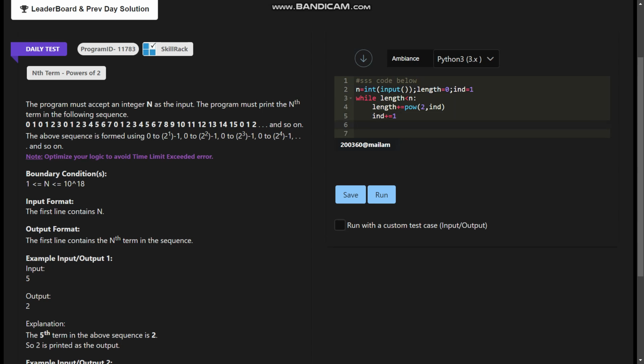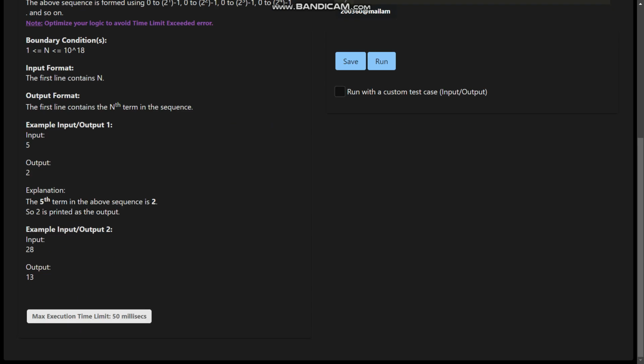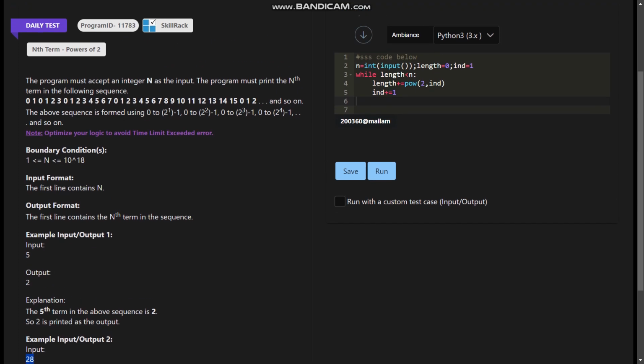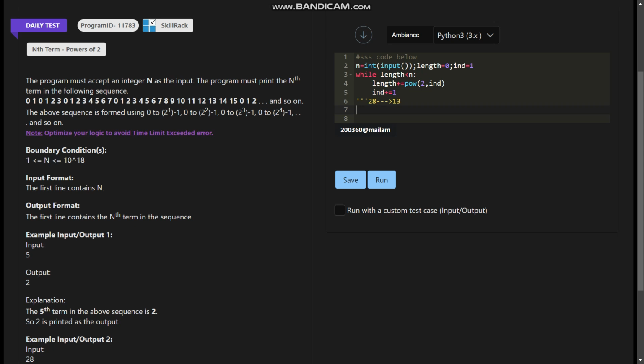So after that, what are we going to do? For example, take this 28. The output for 28 is 13. Let's try to decode this.